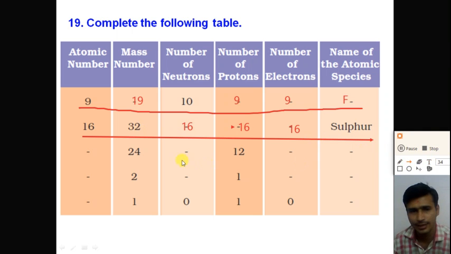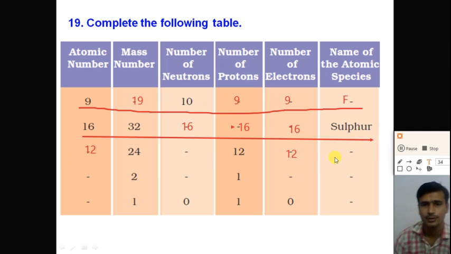Now take the third line. In the third line, mass number is 24 and the number of protons is 12. That means its atomic number is 12, right? So atomic number is 12 and it has 12 electrons. So here 12 electrons and 12 protons are there.